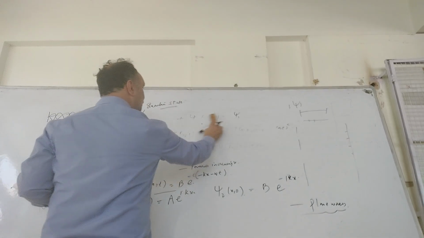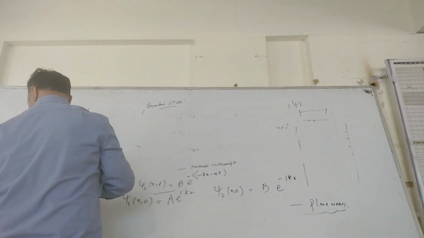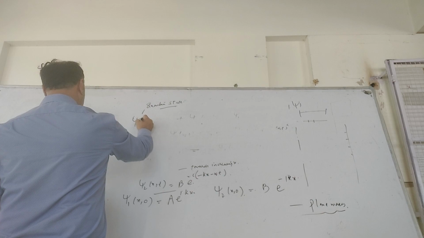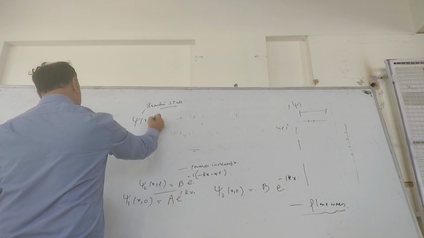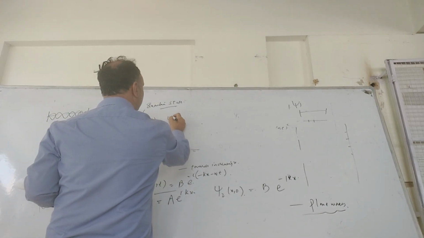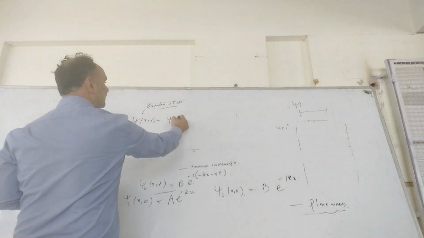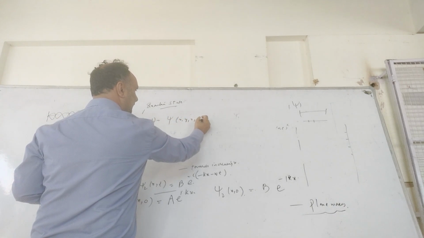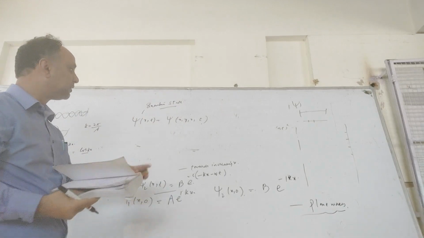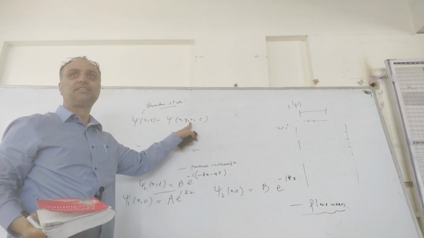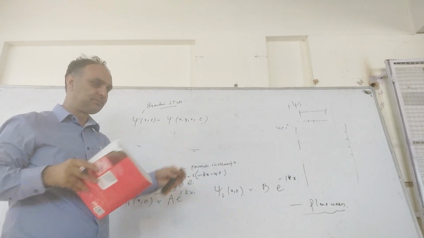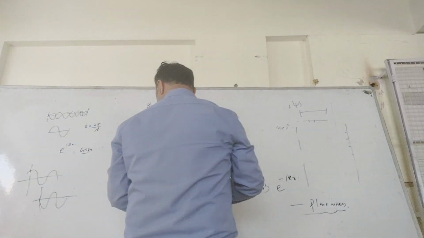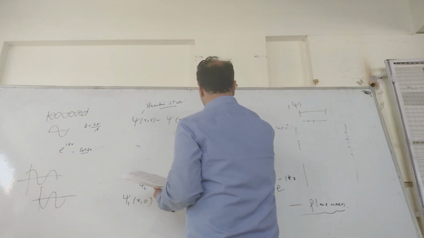In the original sense of the word, psi will be psi of r, where r is basically x, y, z and t, the space evolution along x, y, z and time.